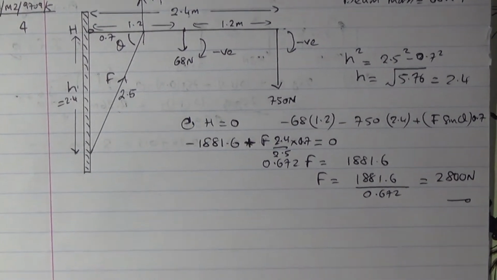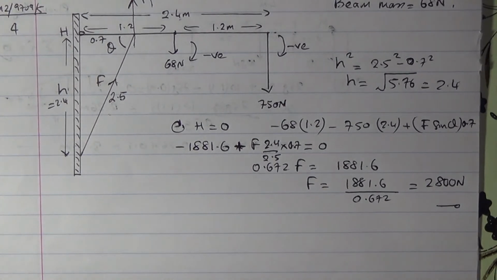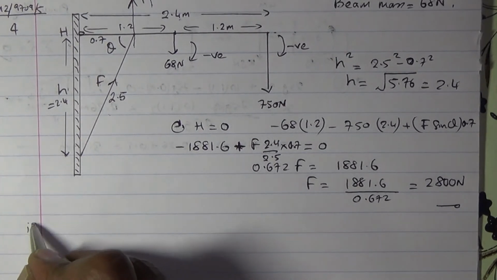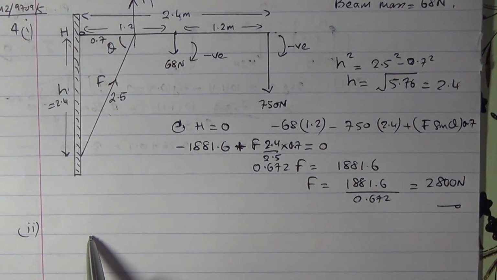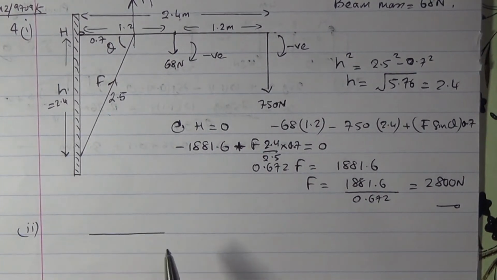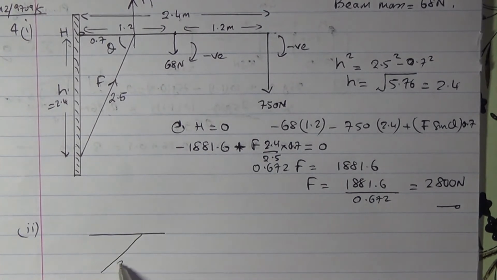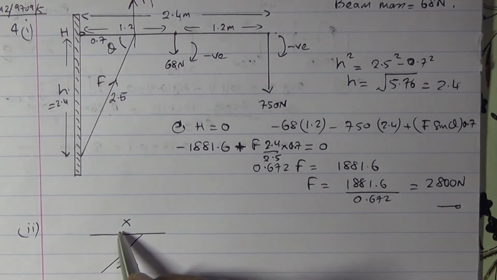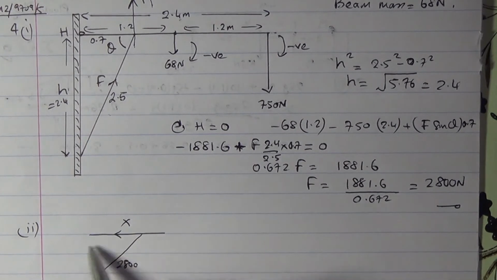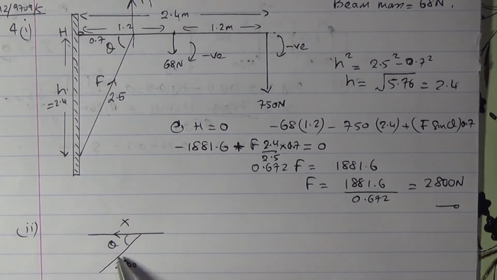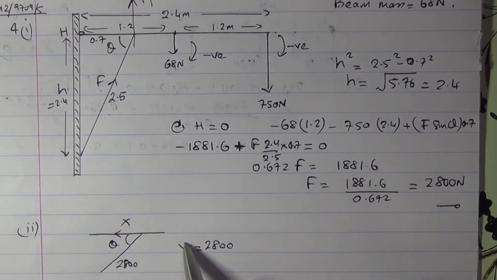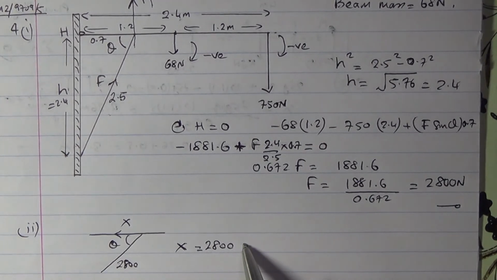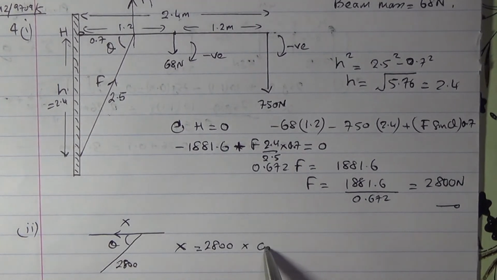The second part of the question is asking us to find the X and Y components of the hinge force. So we've got the force in the rod here as 2,800, so the horizontal component X is going to be 2,800, the X component of the force, times the cos of theta.